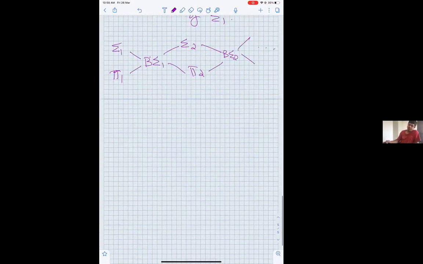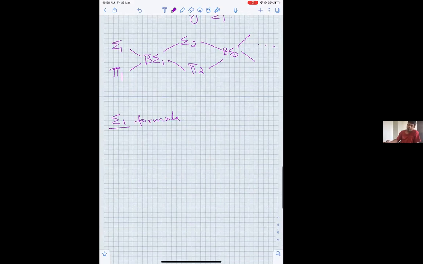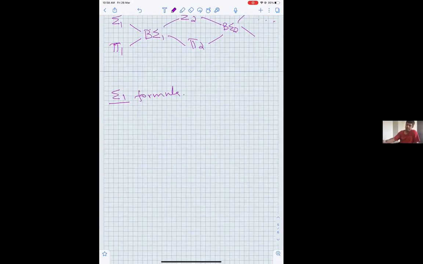So let's try to look at what sigma 1 is. Let's try to write a formula in sigma 1. Can somebody give me a formula in sigma 1?